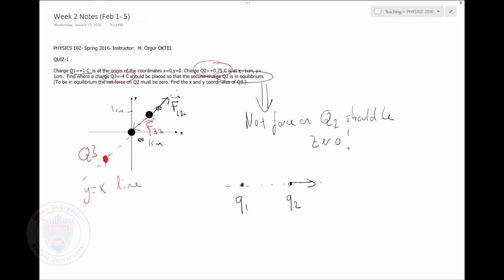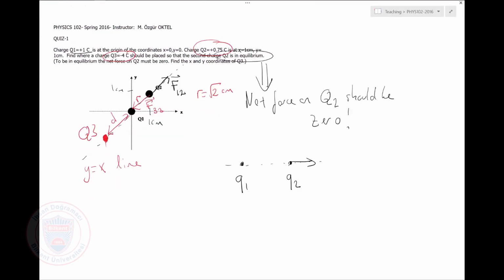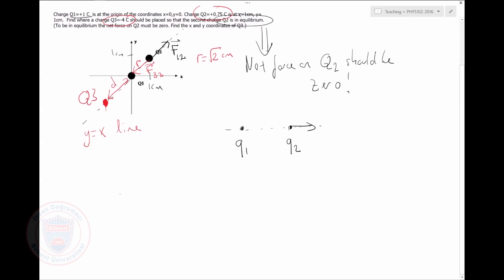Now, let me call this distance d. How about the distance between Q1 and Q2? It's square root of 2 centimeters. But let me call it r. All right? R is square root of 2 centimeters. Now, let me write the magnitude of F12.